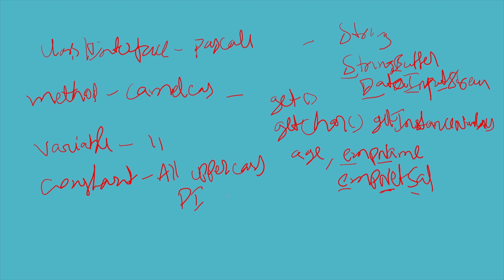I want to write a variable called MAX_VALUE, all capital. And in case I want to write something called DEFAULT_TIMEOUT, something like this. So this is the naming convention that we have for constants.